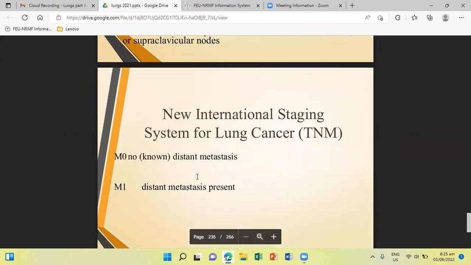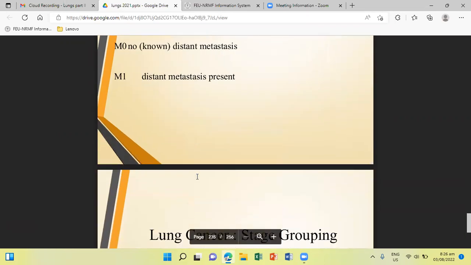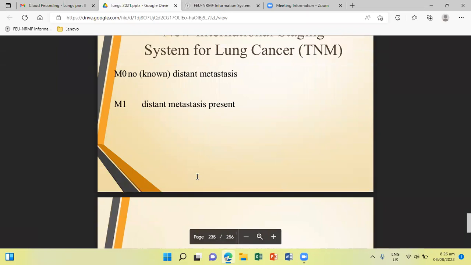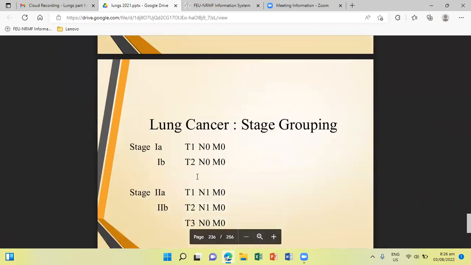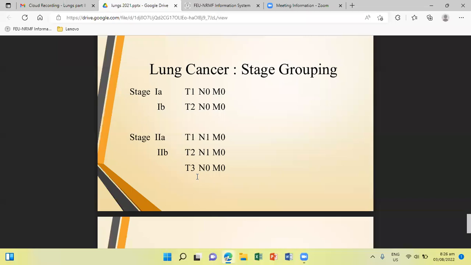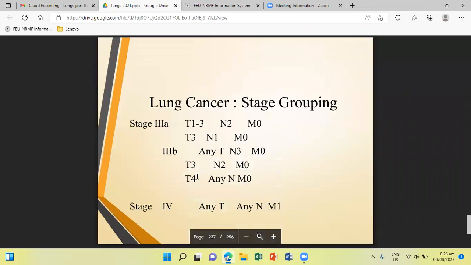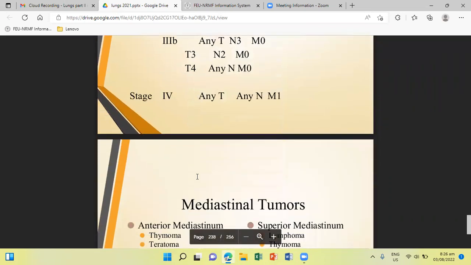Check the liver. You can actually check the intestine also. Total body scan implies that you are looking for distant metastasis. The liver is one of the most common organs to look at. Either distant metastasis is not detected or it is actually present. So depending on whatever T, N, or M you were able to collate, you will then be able to stage your patient accordingly, from stage 1 to stage 4.